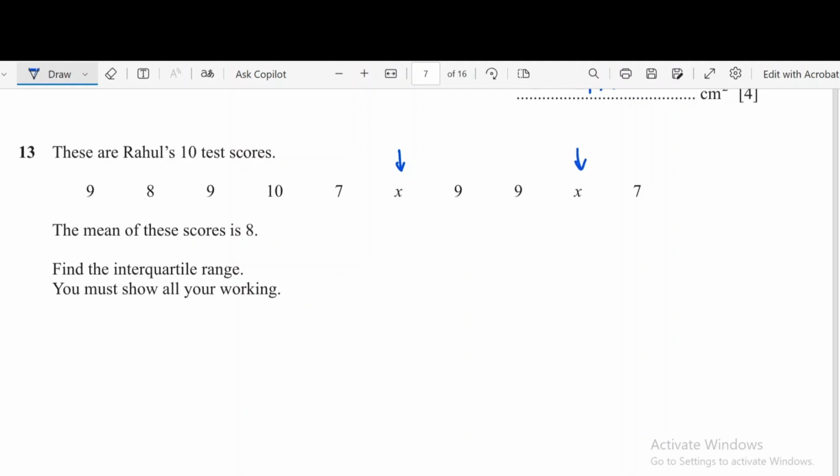If we add up all the numbers, 9 plus 8 is 17, plus 9, 26, plus 10, 36, plus 7, 43, plus 9, 52, plus 9, 61, plus 7, 68. And S occurs twice, so 2S. And there are 10 numbers there.